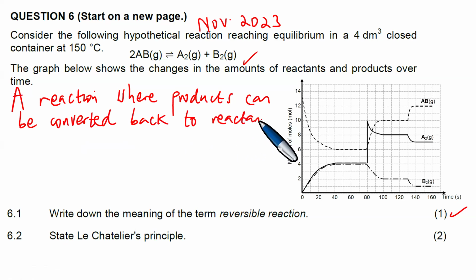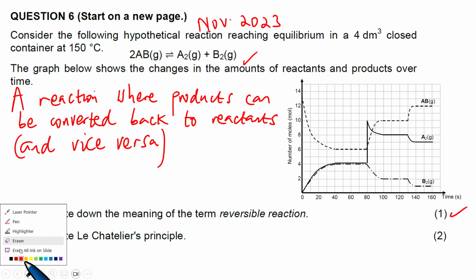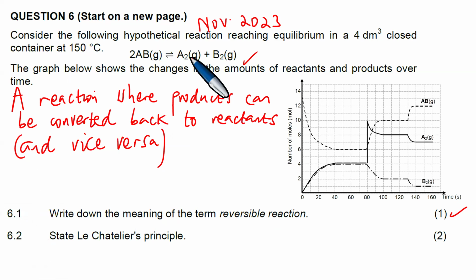and vice versa. Okay, analyze this with me. We are saying, consider the following hypothetical reaction reaching equilibrium in a 4 cubic decimeter closed container at 150 degrees Celsius.